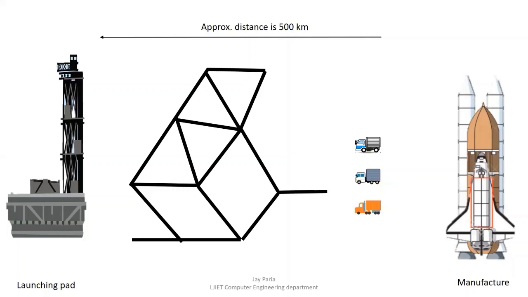We will deassemble the space shuttle into small parts, small enough to be carried by trucks or vehicles, and we will put those parts into trucks, and the trucks will follow different routes and the parts will be delivered.